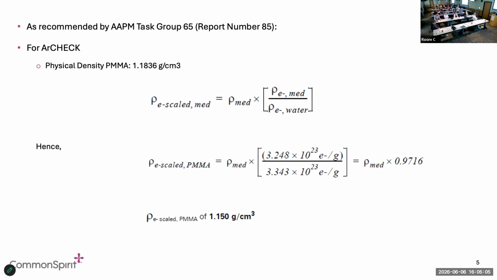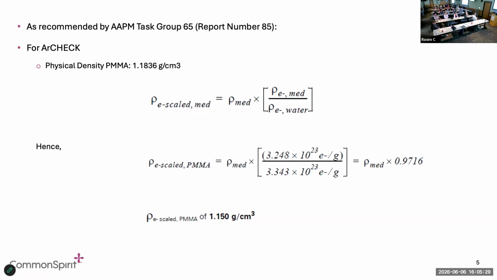So just some general points. Let's say we go to a site and they say, okay, you've got the ArcCheck. Then the physicist is tasked with how to set up the QA device to reflect the absorbed dose that you're trying to check, or whatever modulation patterns you're trying to check.